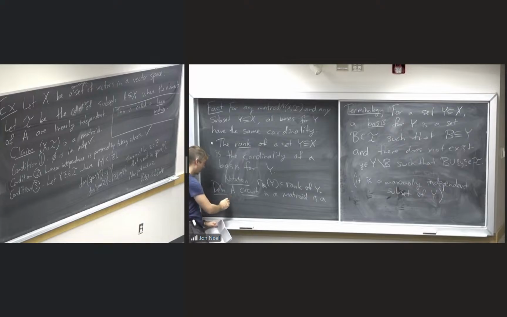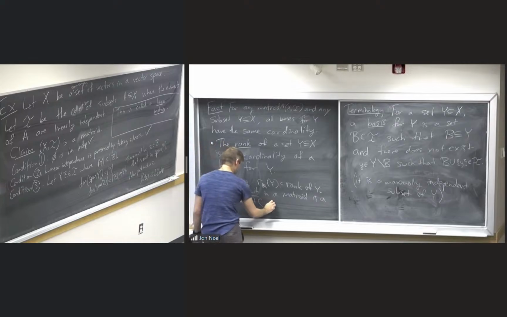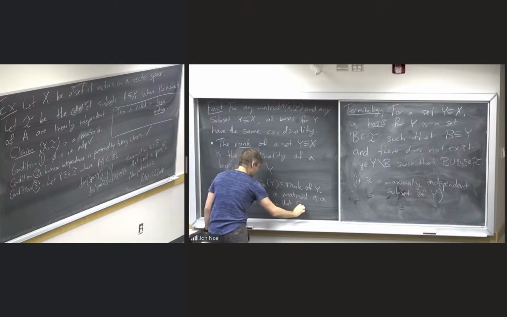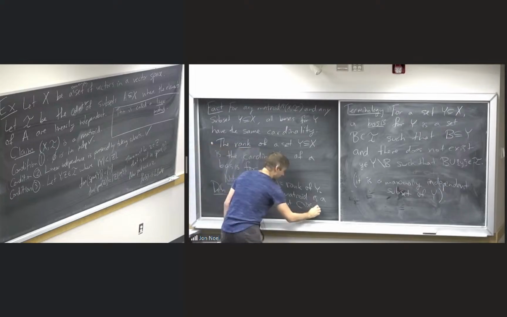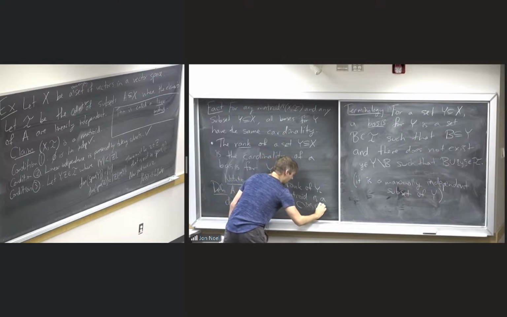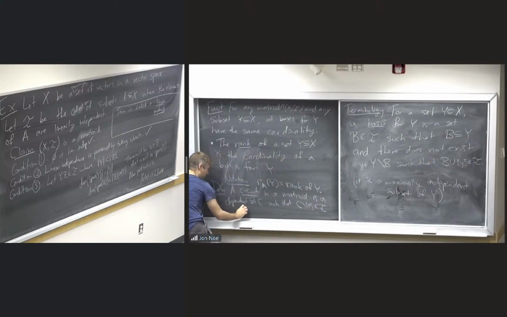So it's a dependent set C such that if I take away an element, so C minus x, is independent, so it's in I, for all x in C.